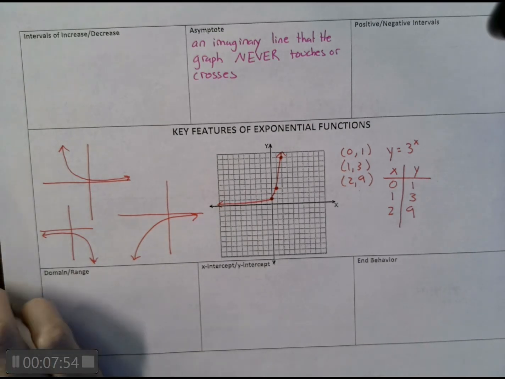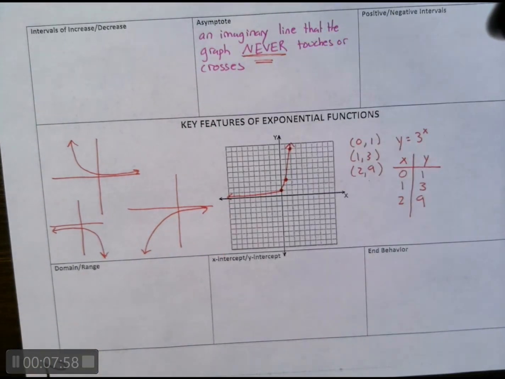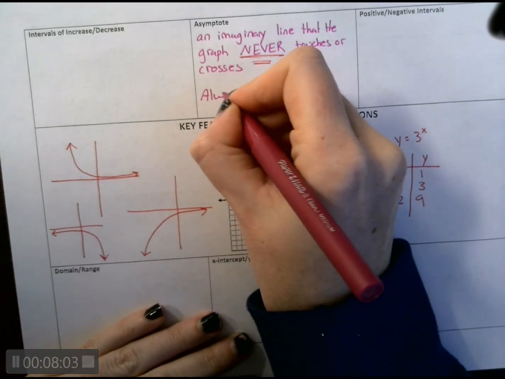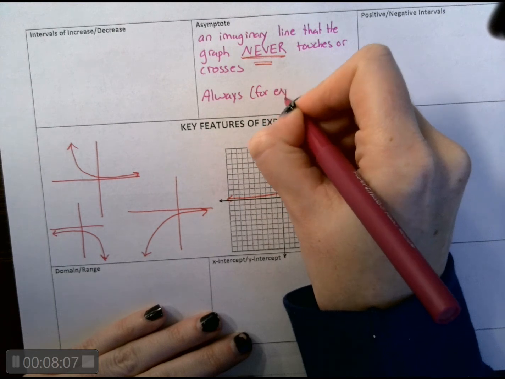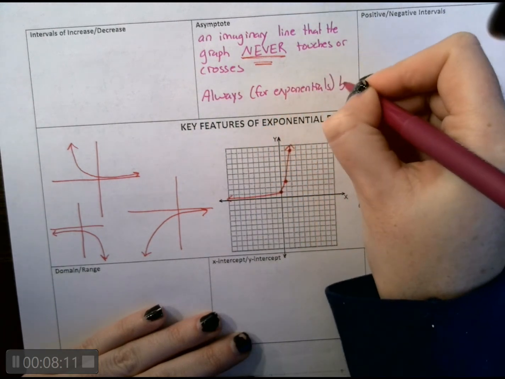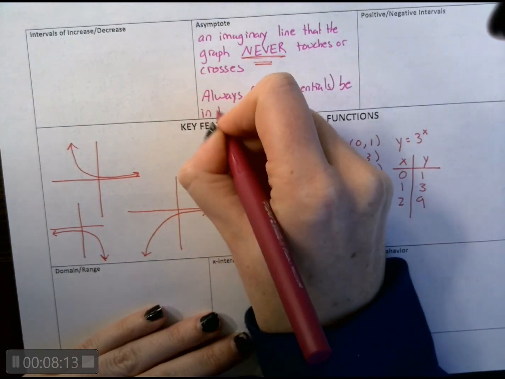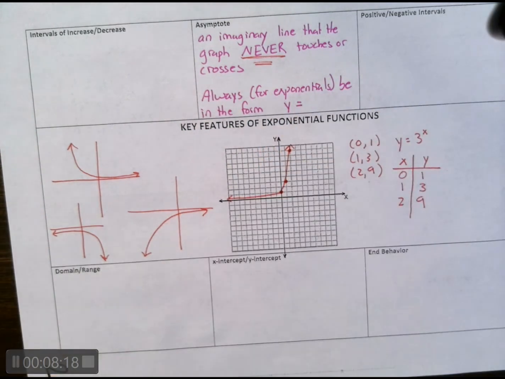So never ever touches or crosses. And it will always, for exponentials, be in the form y equals.